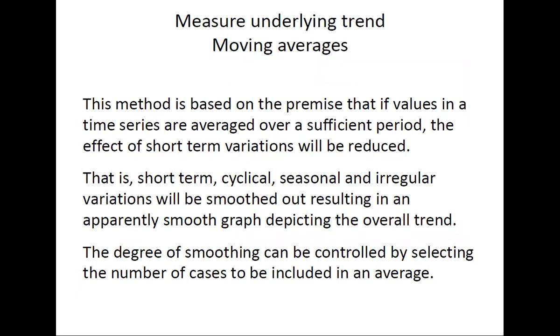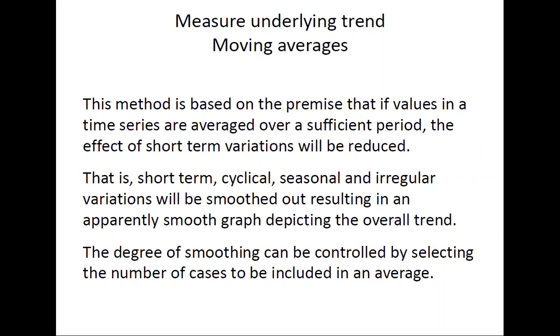Then the next one we're going to talk about is the moving average method, which is a very common technique used. This method is based on the premise that if the values in the time series are averaged over a sufficient period, the effect of short-term variations can be reduced. Good.